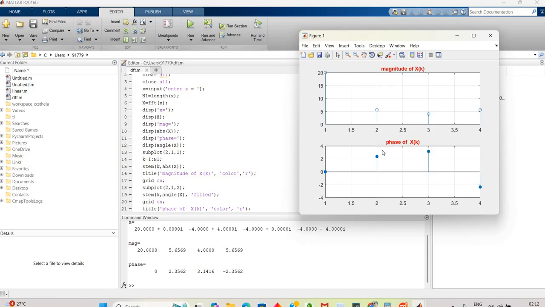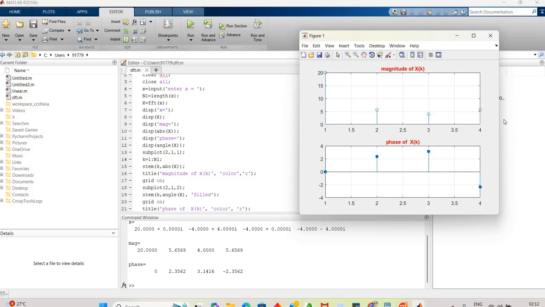Now the first magnitude is 20, so here you are getting 20, that is the first position.